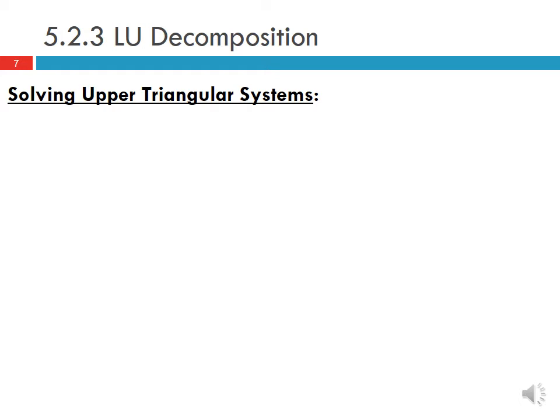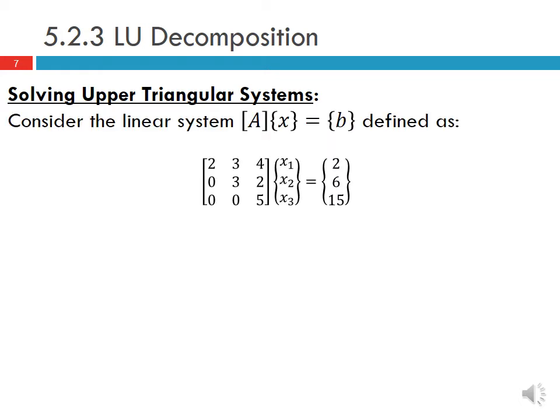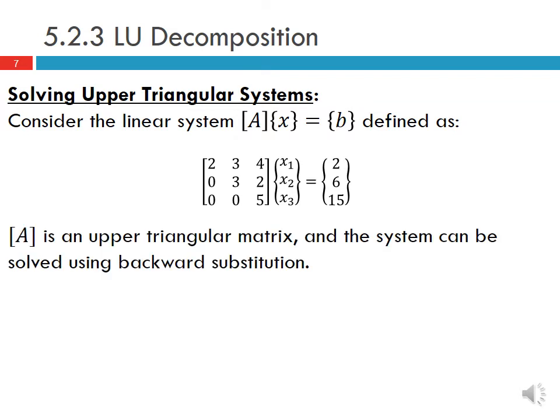We can also talk about solving upper triangular systems. So we consider the linear system AX equals B defined as shown here. So in this case, A is an upper triangular matrix, and the system can be solved using backward substitution. So for backward substitution, we start at the bottom. So with equation 3, x3 is equal to 15 over 5, which means that x3 is equal to 3.